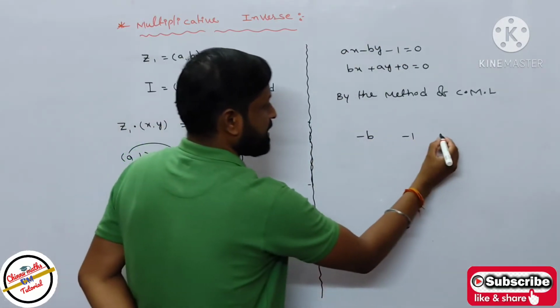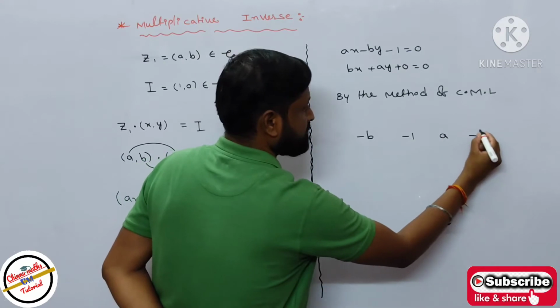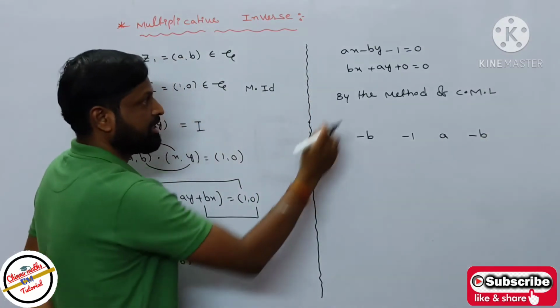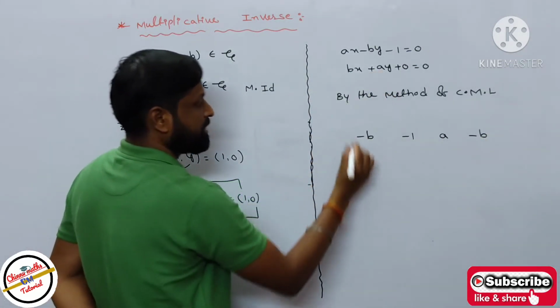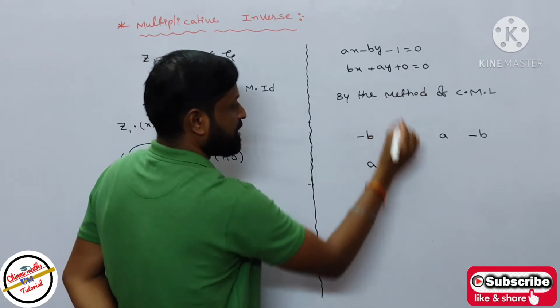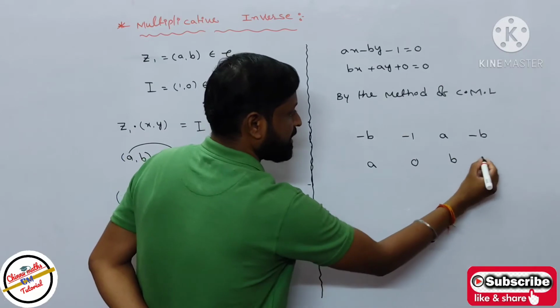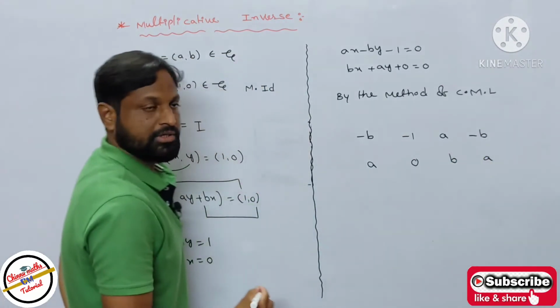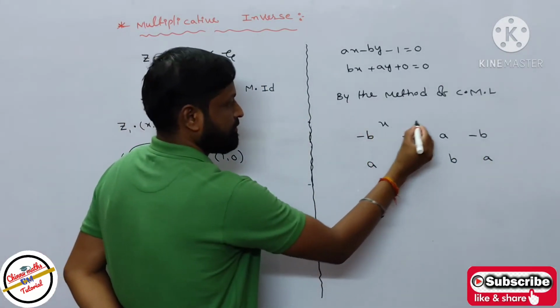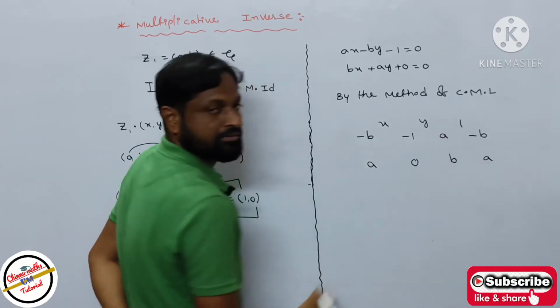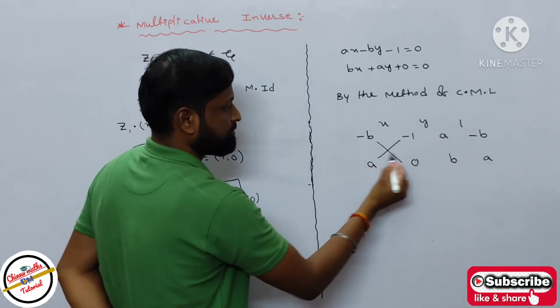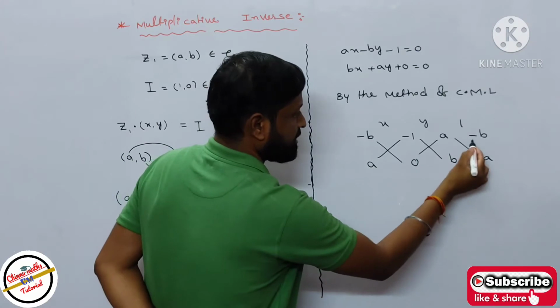After that the x coefficient A, again minus B. In the second equation, what is the middle term? The y coefficient, A. After that the constant value 0. After that the x coefficient B, again write the A value. What is the order? X, y, again constant. Okay, multiply these two, after that these two, again this one.